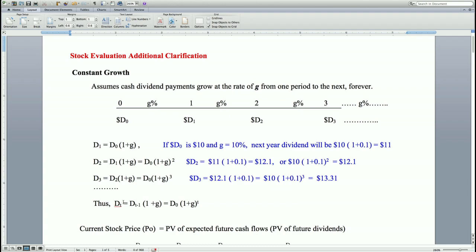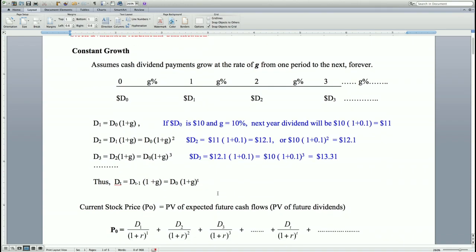So any future dividend is the previous year's dividend multiplied by 1 plus G. Or from the current dividend, we do 1 plus G to the power of T. So for any dividend in year T, from D0 we apply 1 plus G over T years, to the power of T. So any dividend you can get using this constant growth model.